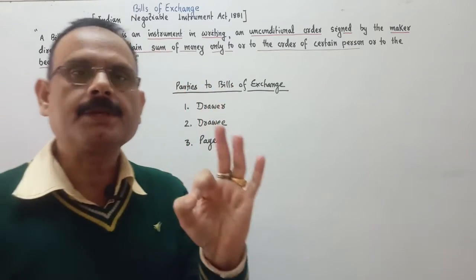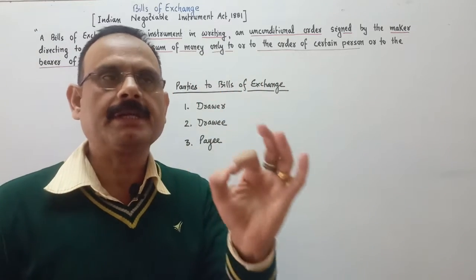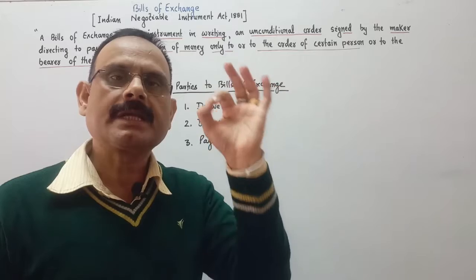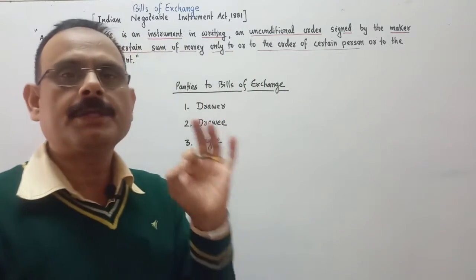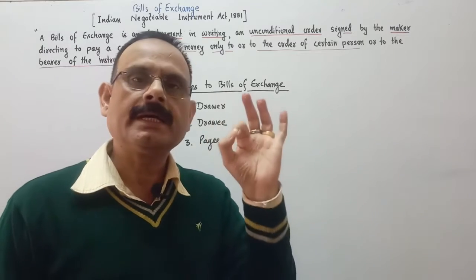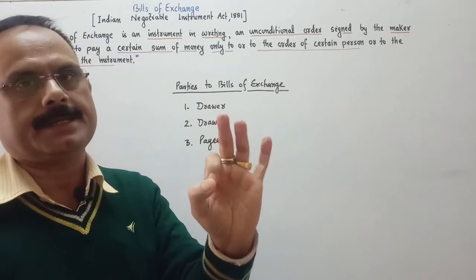Now number one, the drawer. The drawer is the person who draws the bill. So who will be the drawer? The drawer will be the creditor.